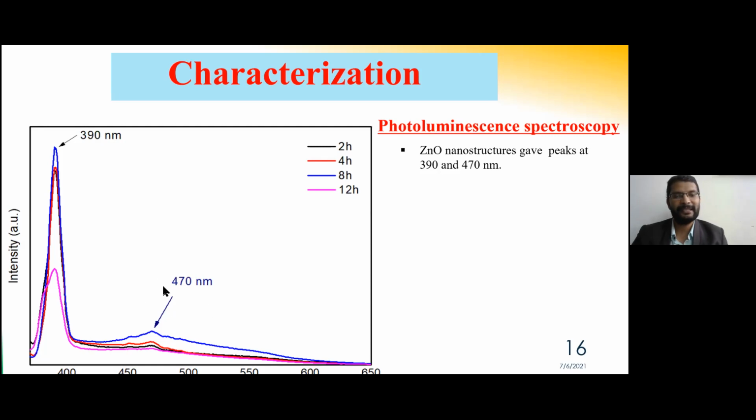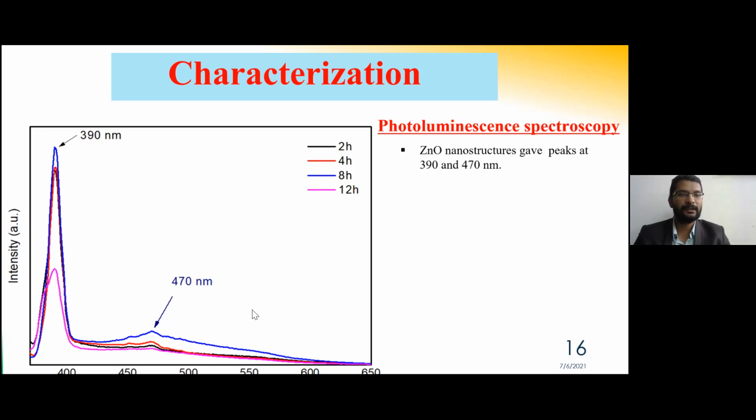The 470 emission peak indicates maybe a defect due to zinc or oxygen, and it clearly indicates formation of zinc oxide nanomaterial with little defects observed at 470 nanometers. That is the indication of the PL spectra.